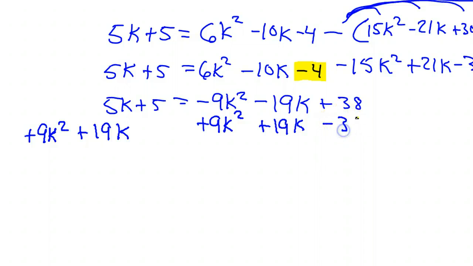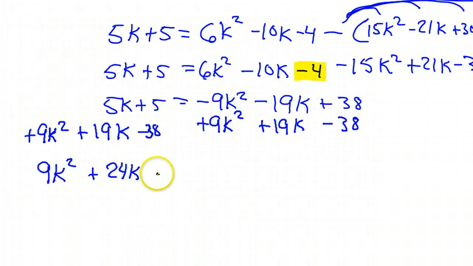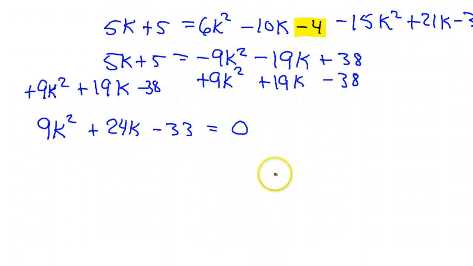And I'm going to subtract 38 from both sides. Okay, so that's going to give me 9k squared plus 24k minus 33 is equal to 0.